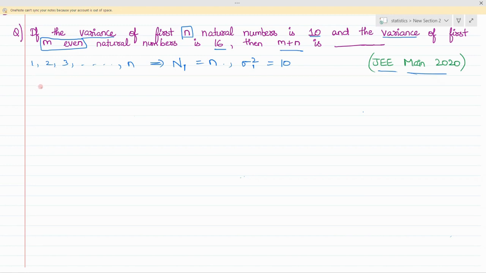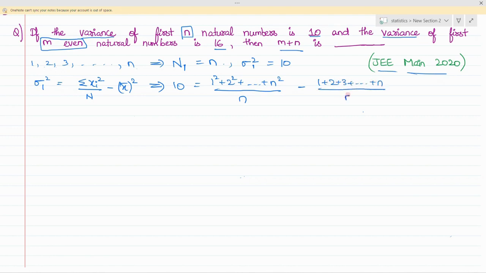So what will be the variance formula? It is sigma xi square upon n minus mean whole square. This can be written as 10 is equal to sigma xi square, which is 1 square, 2 square, and so on till n square, upon total number of observations n, minus sum of all the observations upon total number of observations, whole square.